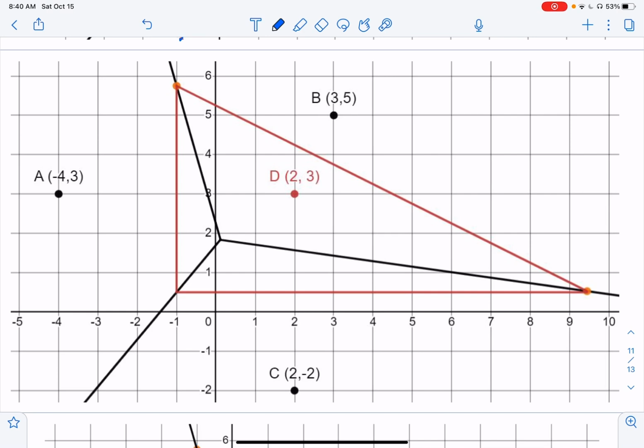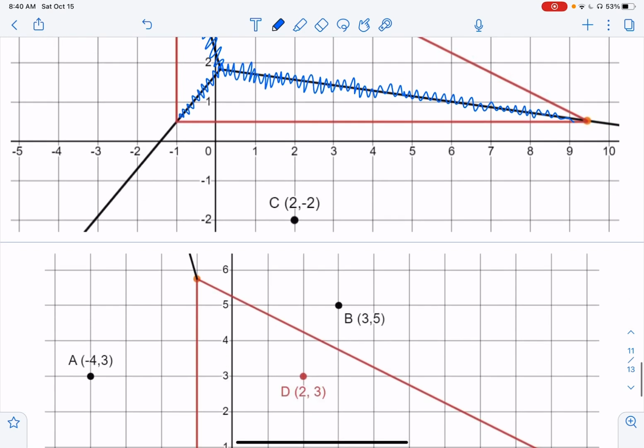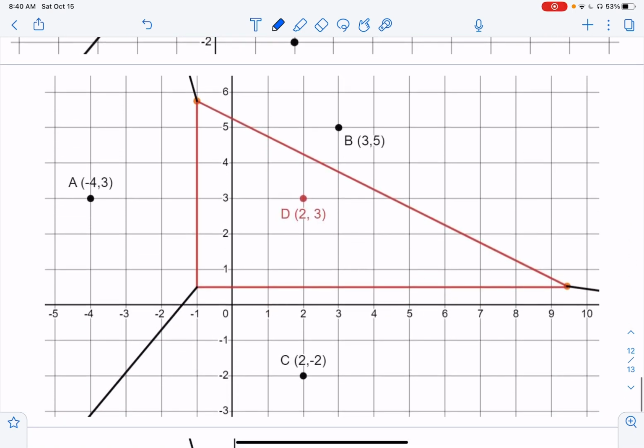we no longer require these edges from our original 3-point or 3-site Voronoi diagram. They're kind of outdated. We don't need them anymore because we've added this new site D. So we're going to trim those as well. And what we're left with is this brand new Voronoi diagram, which contains 4 cells.